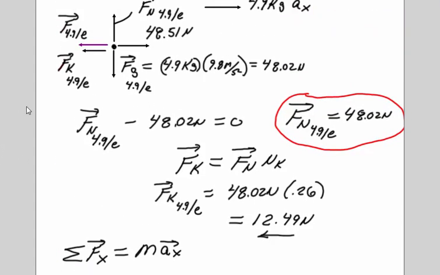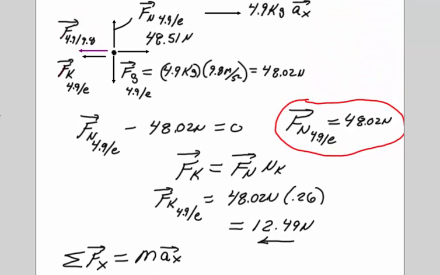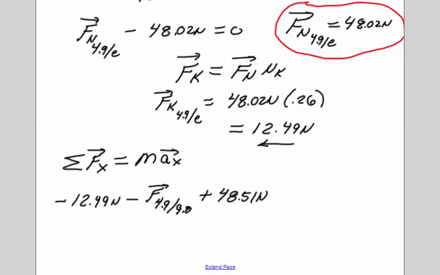I go back to my free body diagram, minus my force on the 4.9 kilogram block being pushed on by the 9.8 kilogram block, plus 48.51 newtons is equal to my mass times acceleration.